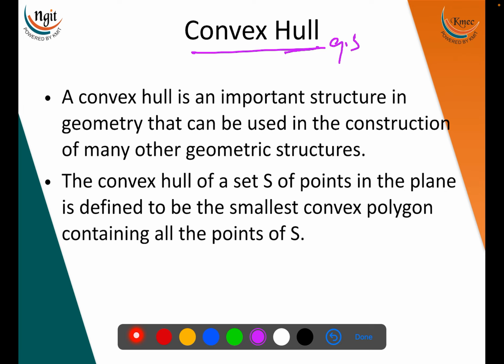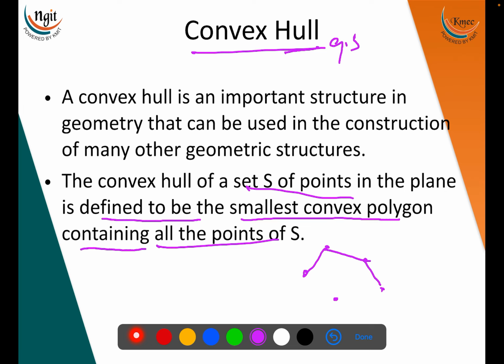The convex hull of a set S of points in the plane is defined to be the smallest convex polygon containing all the points of S. Now let us assume that I have some set of points. When I consider all the points of S, it is called a polygon, a convex polygon.